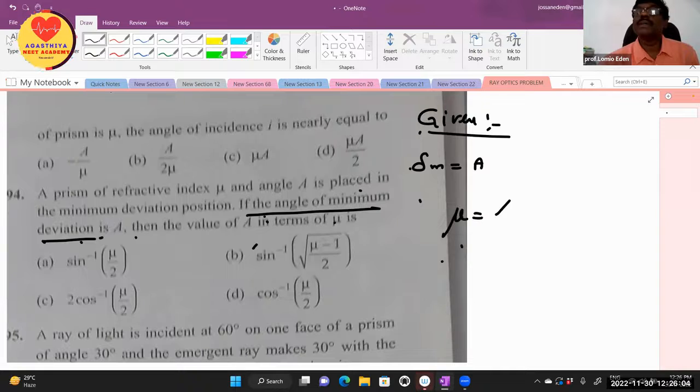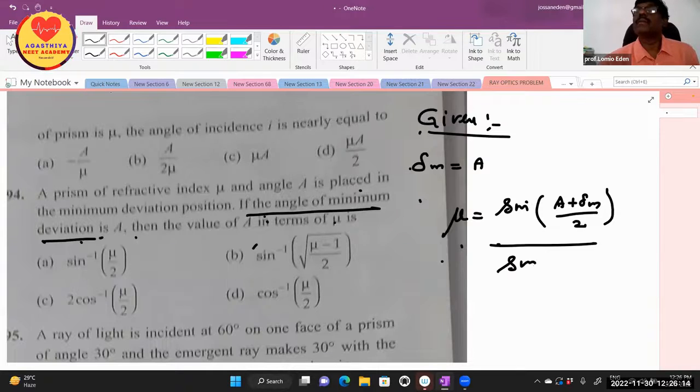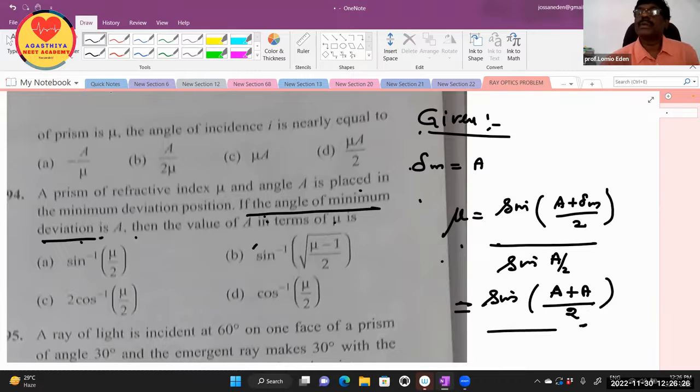What is the formula? Sin of A plus del M divided by 2, and the denominator becomes sin A by 2. We know that in this problem del M is A. In the numerator, A plus A is 2A, divided by 2.